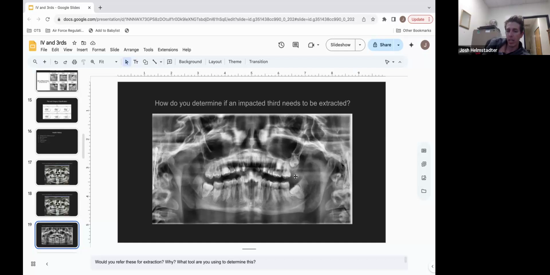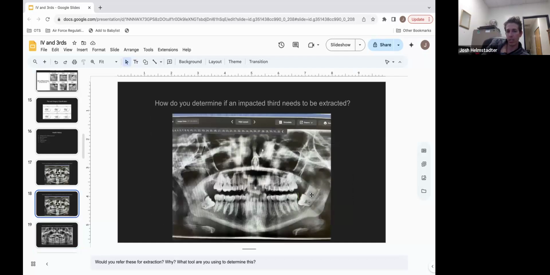And the way I assess if 17 needs to come out is, 1, if they're in pain, and 2, sticking a probe. Here, I'll go to this pano. See that green line here? If you are sticking a probe in the distal sulcus of the second molar and you drop down to that third molar, that's an obvious indication to take it out.